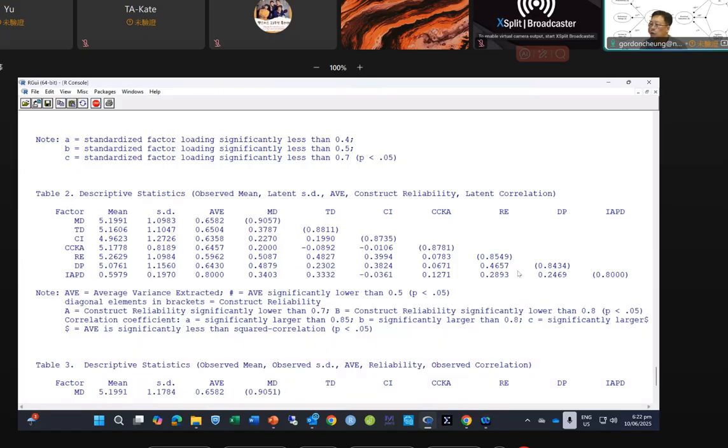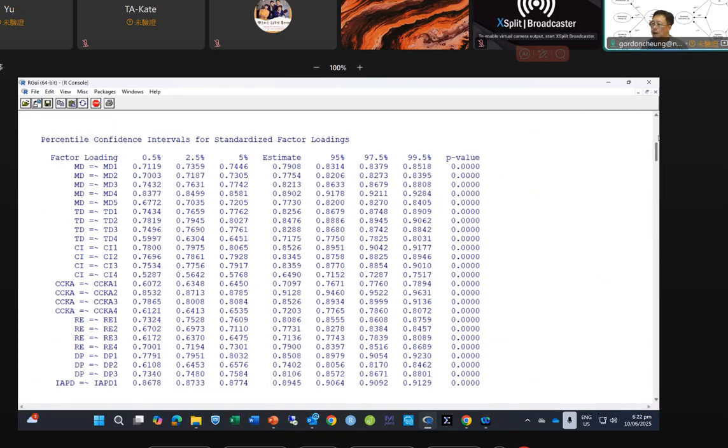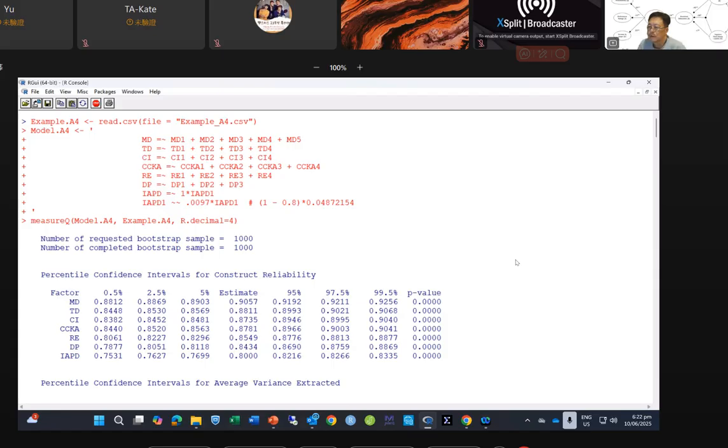If I also add the asterisk, that will make this very complicated. But instead, if you want to see whether each correlation coefficient is significant or not, you can go to the top of your table.